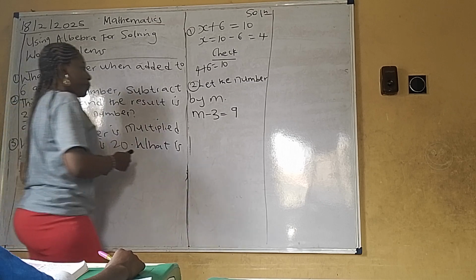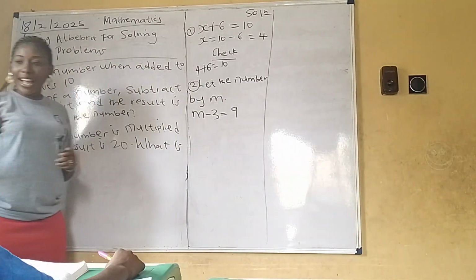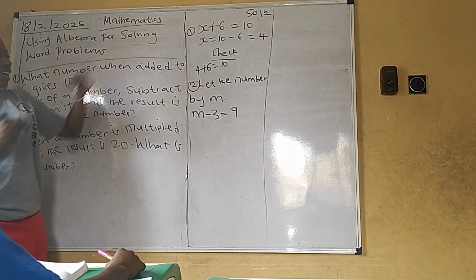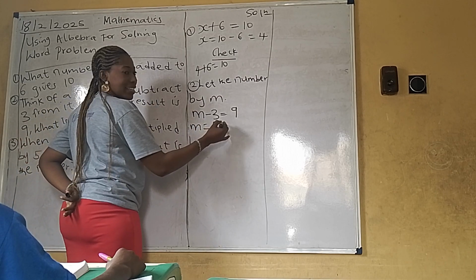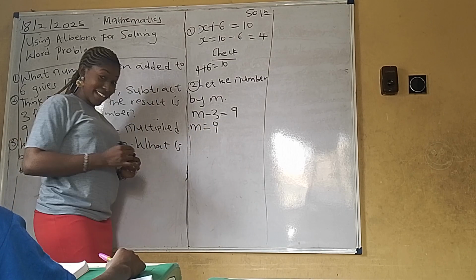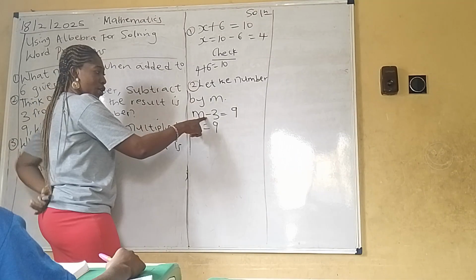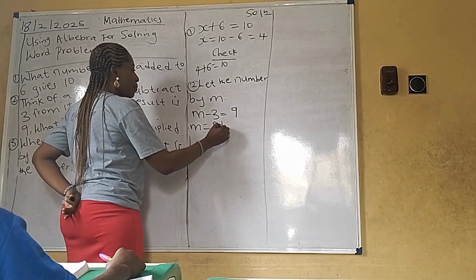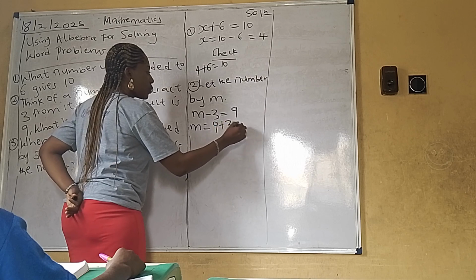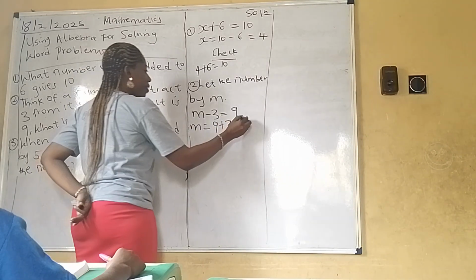We are going to do what we call collecting like terms, like what we did here. So we have M is equal to what? 9 plus 3. Good. The 3 moves to the other side and becomes plus 3, which is equal to what? 12.